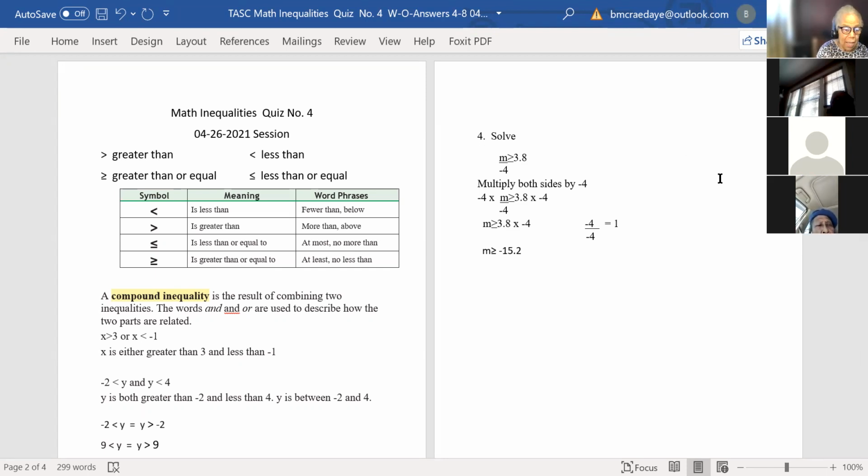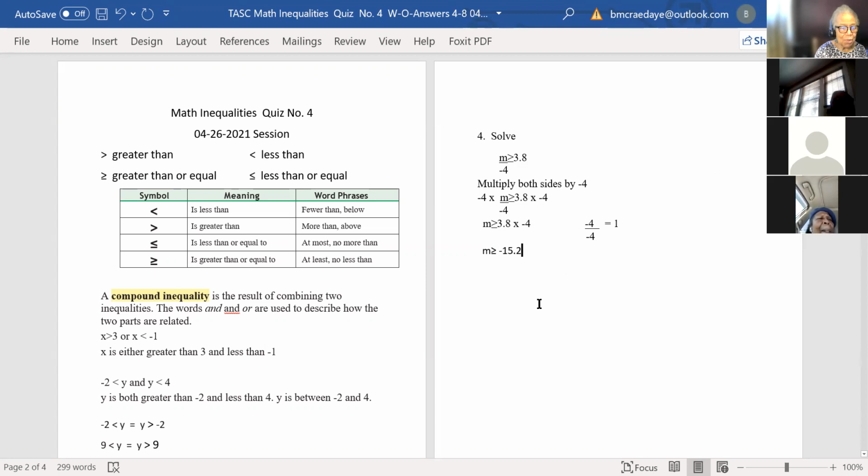Okay. Now, what is our rule when we multiply or divide by a negative number? What do we do with the inequality? I think you change your sign. No, what do we do with the inequality? This is the inequality right here, greater than or equal.